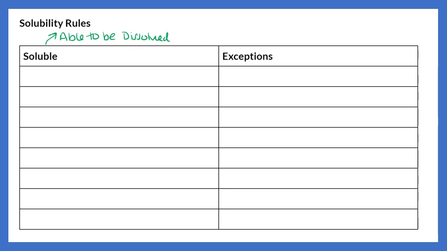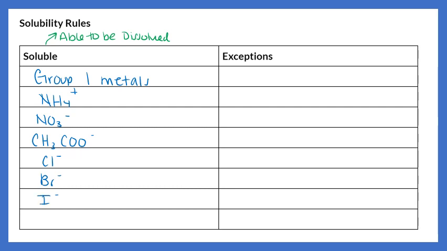Okay, and then there's going to be some exceptions. When they're mixed with something else, they will become insoluble. So typically, our soluble, able to be dissolved compounds are the group 1 metals, NH4, NO3, CH3COO, which is called acetate, chlorine, bromine, iodine, and sulfate.